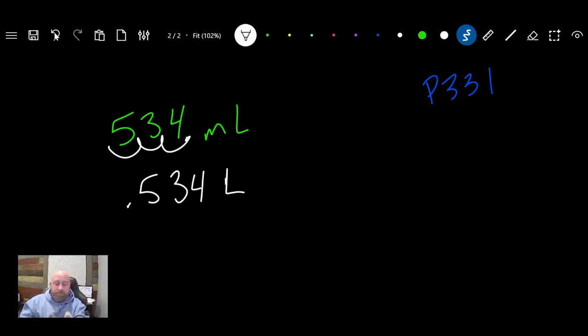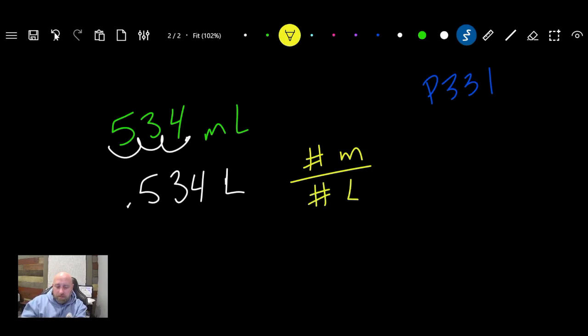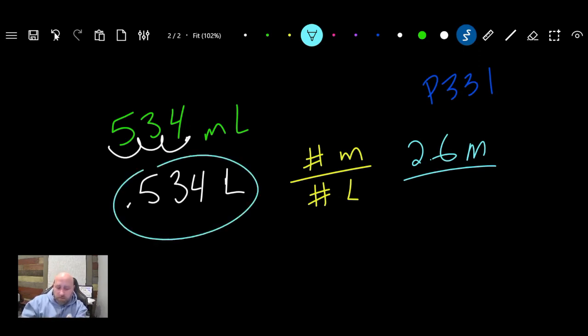The next thing, we need to take the number of moles over the number of liters. The question says 2.6 moles over how many liters? Well, the question says it was 534 milliliters, but we converted it to liters, so 0.534 liters.